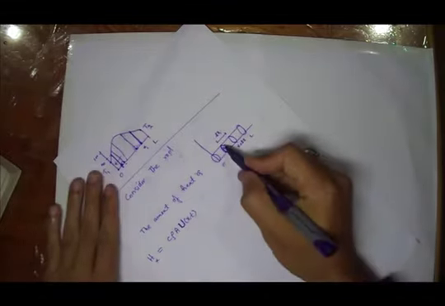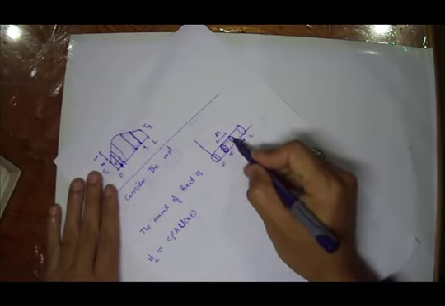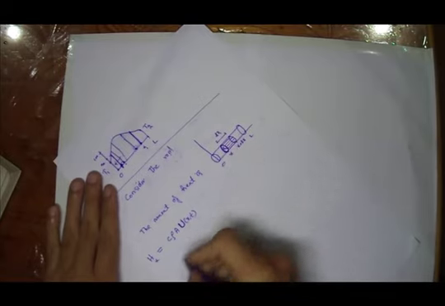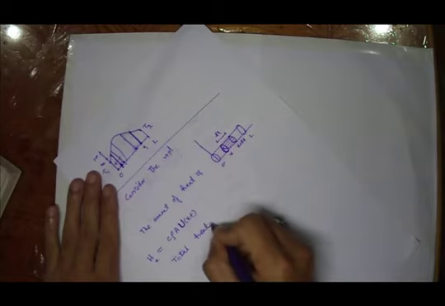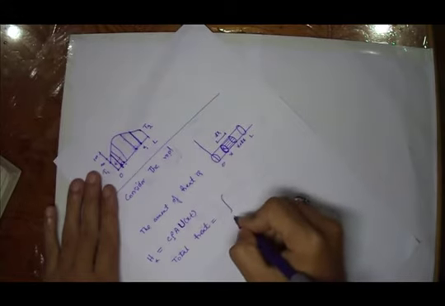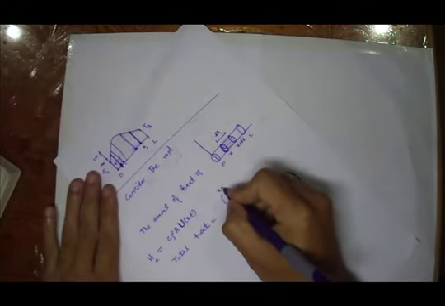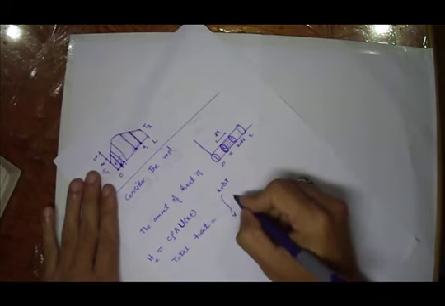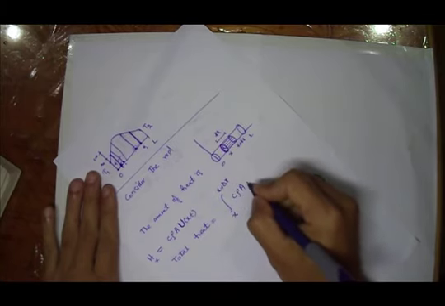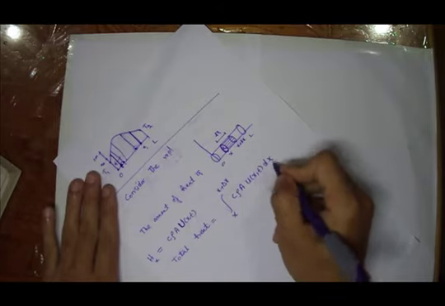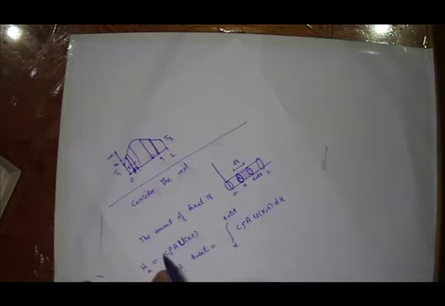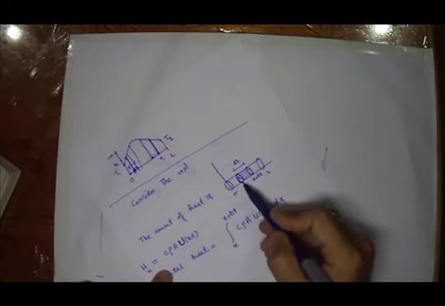Now if we want to calculate the total heat of this small portion, what will we do? We will integrate the quantity from x to x plus del x. This is the total amount of heat at general point x.